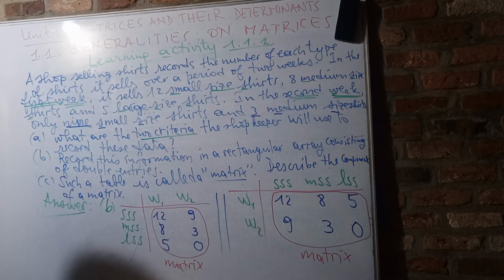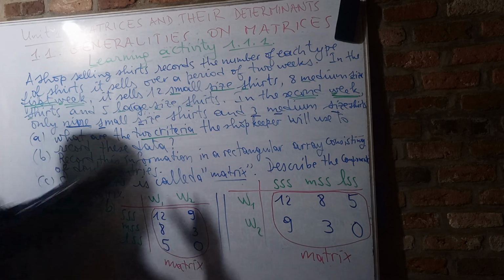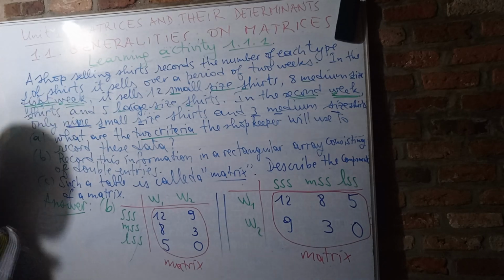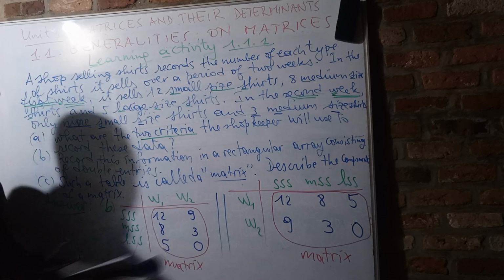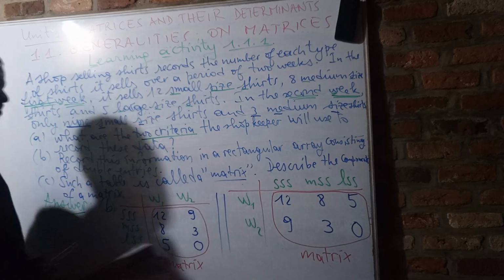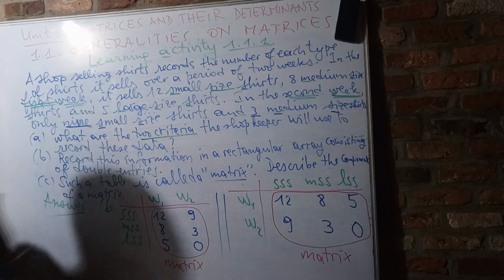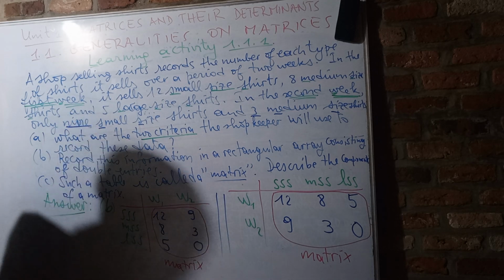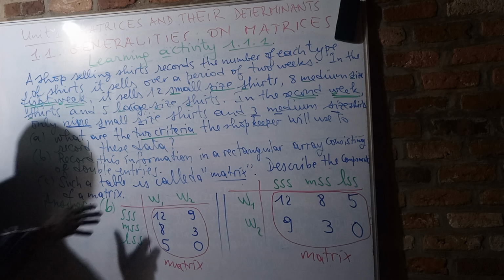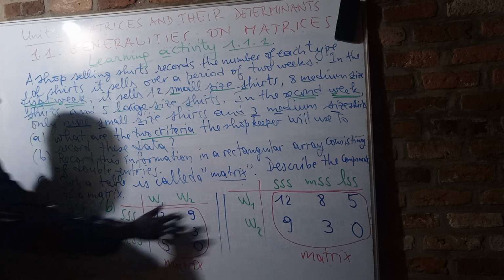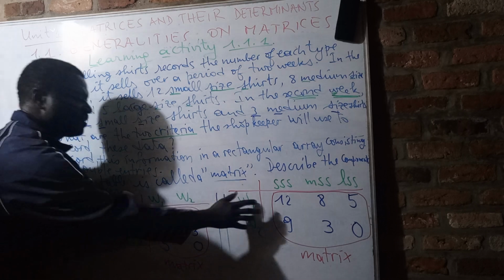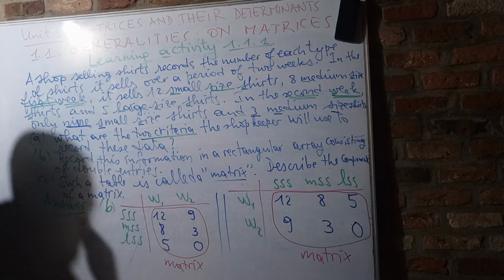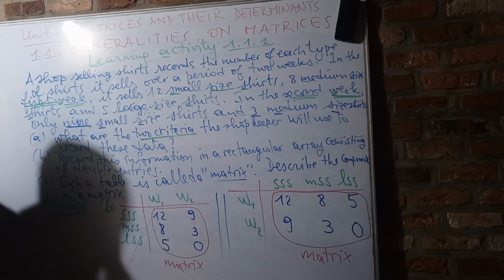So now with this activity, we are ready to define what a matrix is. With the different properties here, the two matrices here are related in such a way.